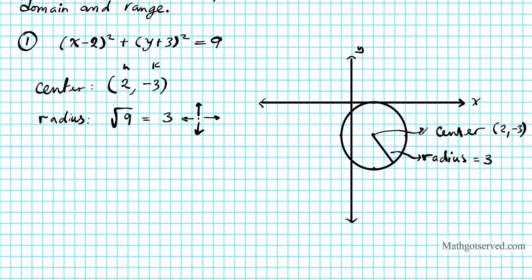Now let's go ahead and find the domain and the range. Okay. The domain is your horizontal span. So we can look at this point and this point. Since we're looking at a horizontal span, we're going to project it onto the x-axis. So if I trace this point to my x-axis, what is the value there?